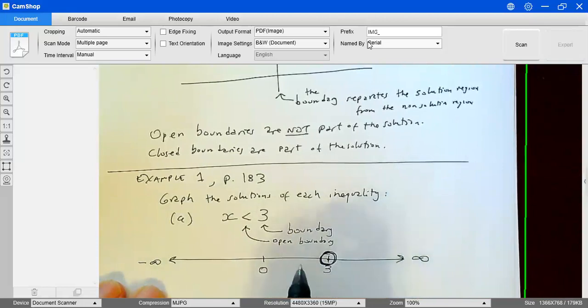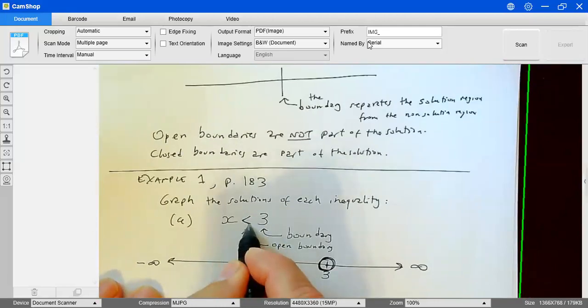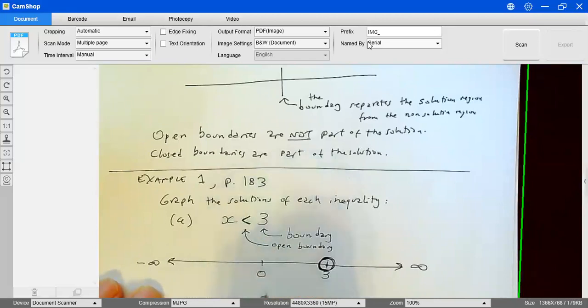Then we're going to highlight the region that makes this statement true. We are looking for the values that are less than 3. Usually the tip of the inequality points to the solution region. This is pointing to the left.